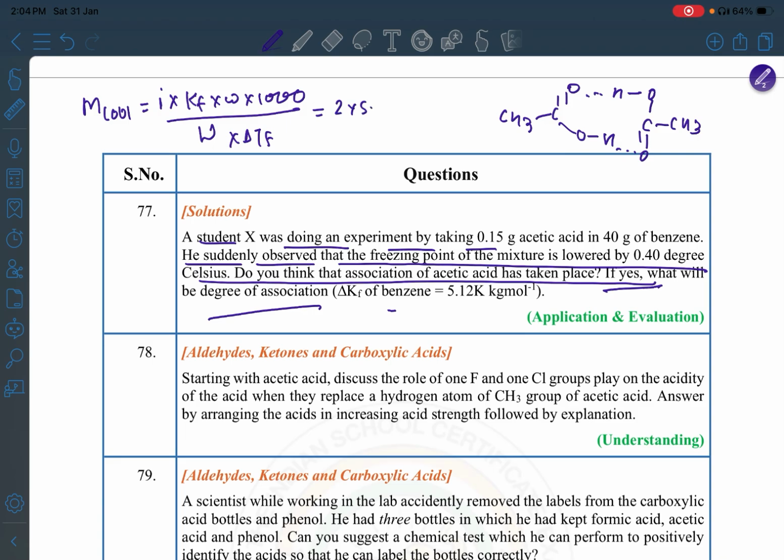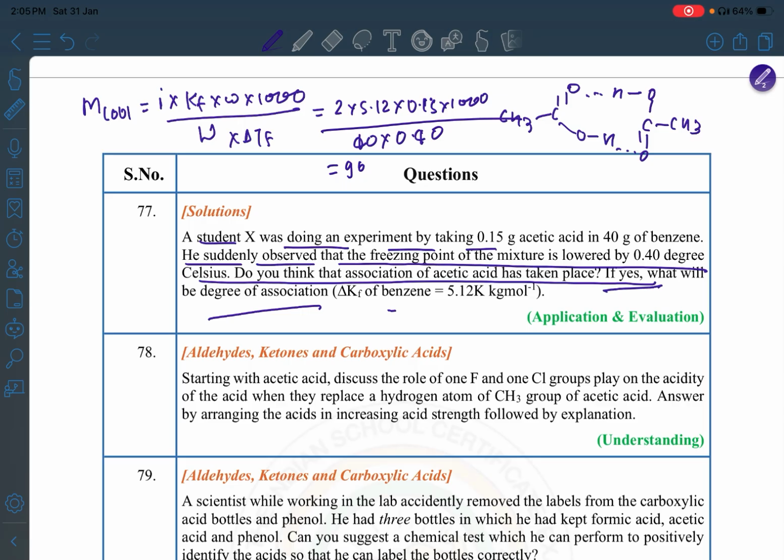So 2 into 5.12 into weight of 0.15 into 1000 divided by 40 into delta Tf, which is 0.40, and whenever we solve we get 96. Okay, so observed is 96.